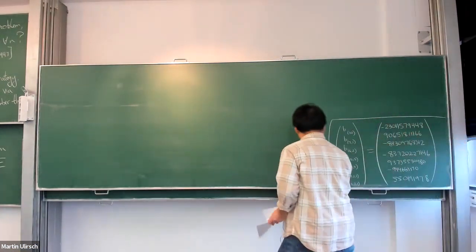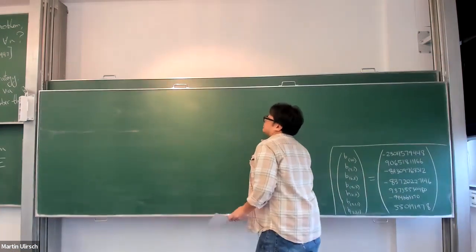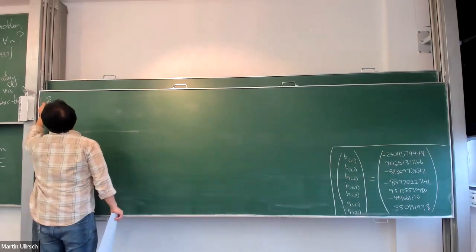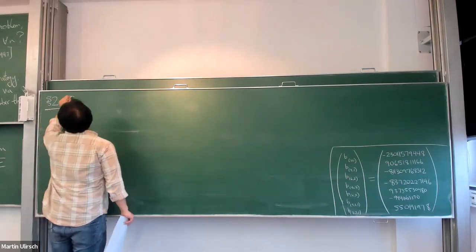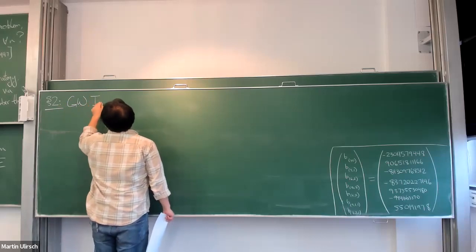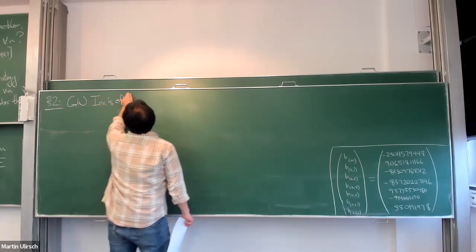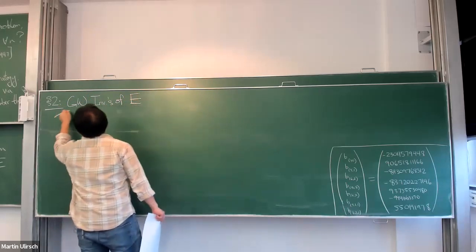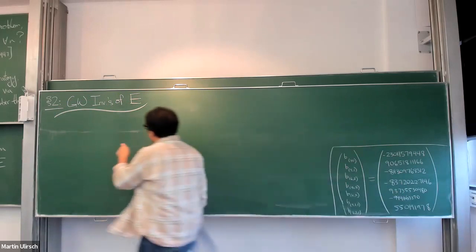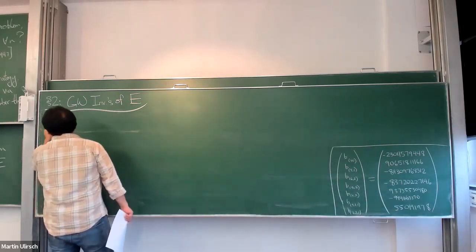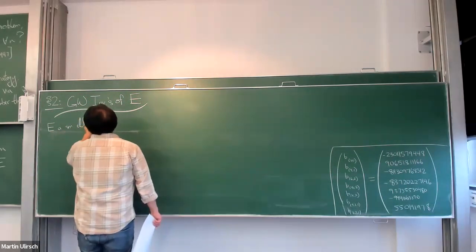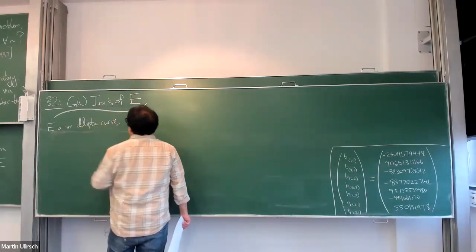Okay, so let's do some recollections on Gromov-Witten invariants. What's the setup? Again, E will be a smooth elliptic curve.